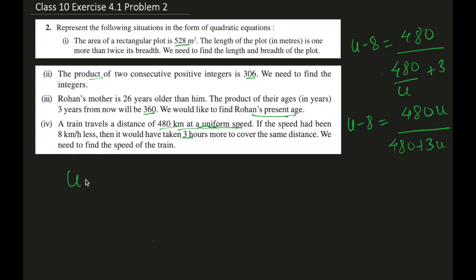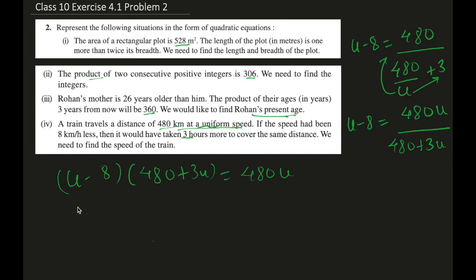So this will be u minus 8 times 480 plus 3u equals 480 u. What we did here is that we multiplied the u with 3 and then the u went upside.